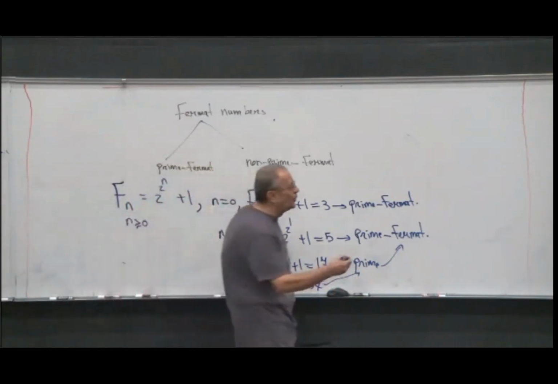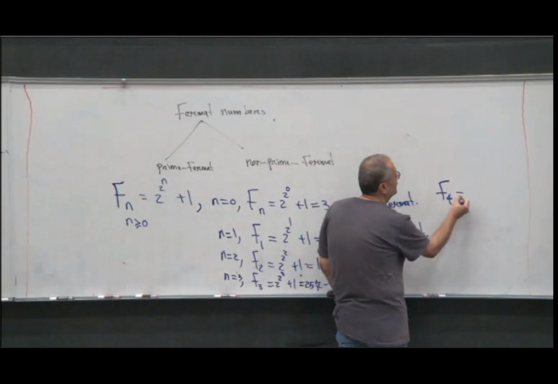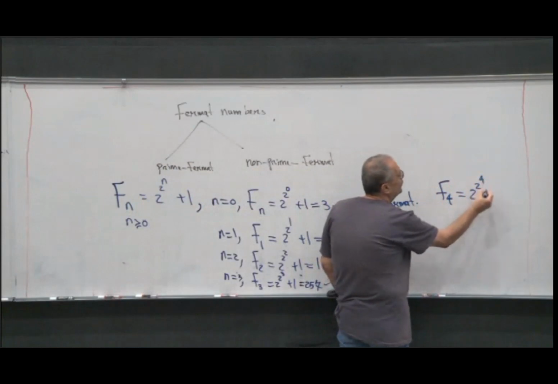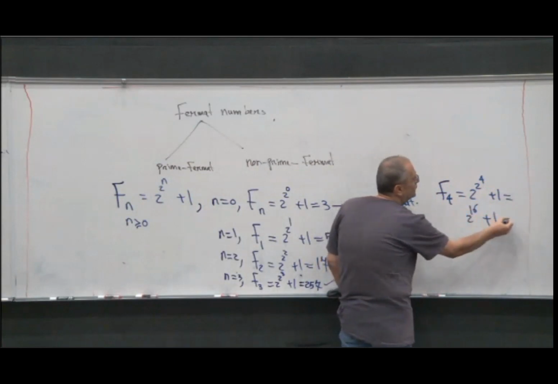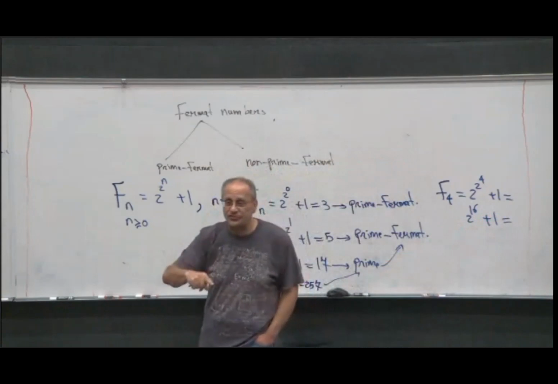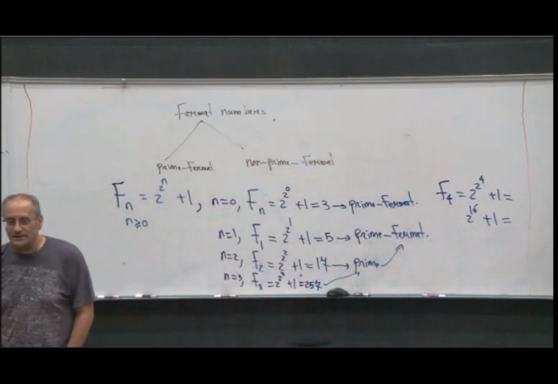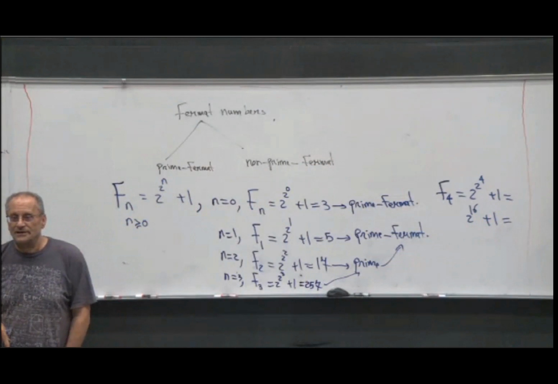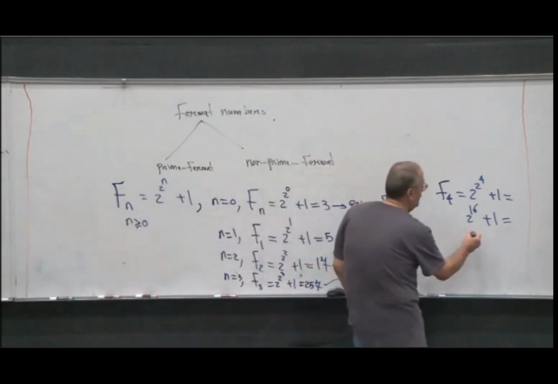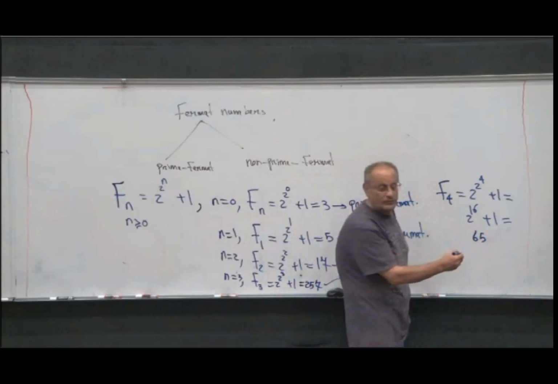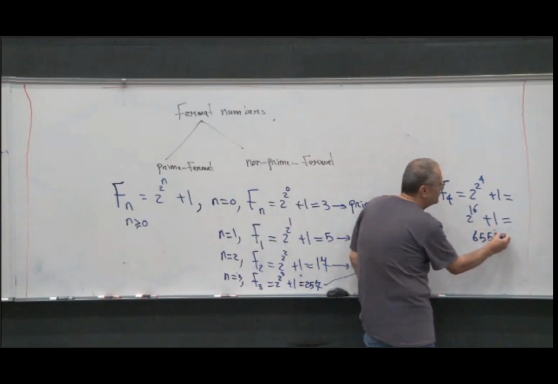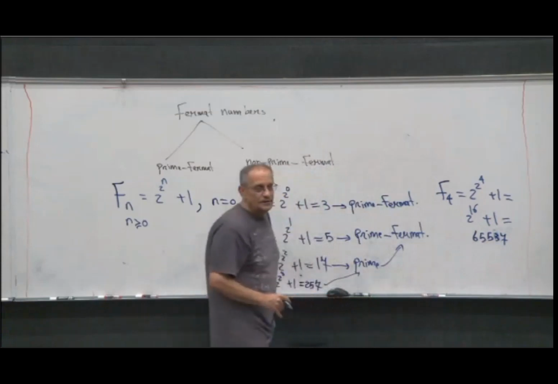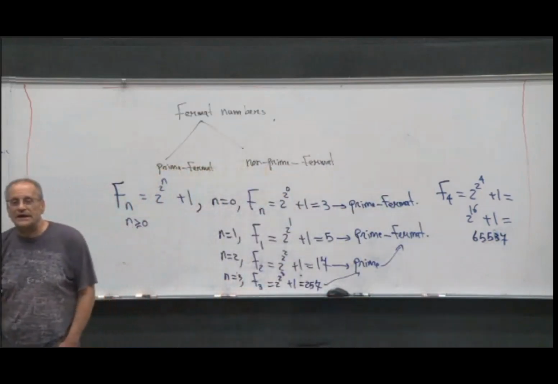Okay, let's try F4. 2 to the 2 to the 4 plus 1. And that will be 2 to the 16 plus 1. Will your calculator do 2 to the 16 or break down? Okay, let me write it down. 65,537. Is that prime? It is prime.